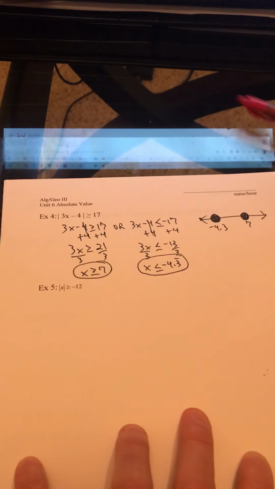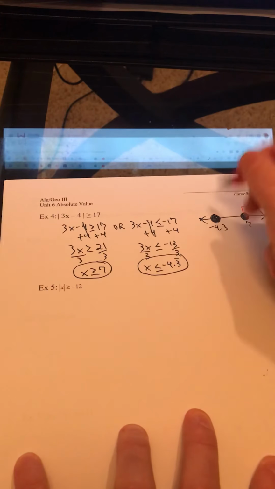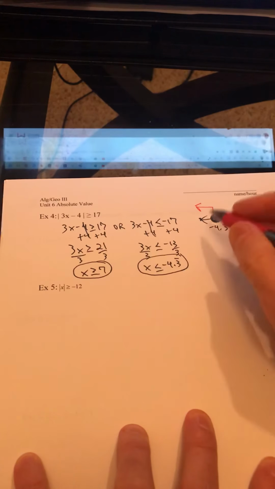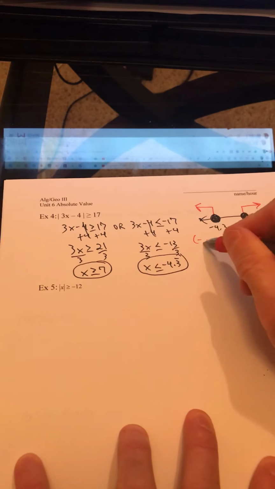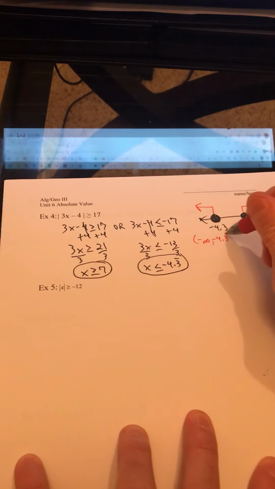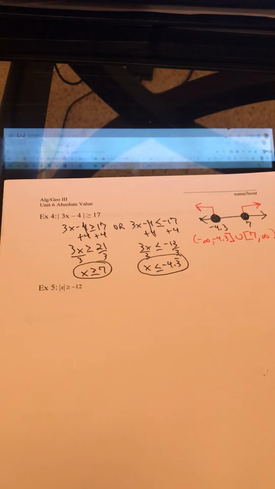And then for our shading, greater than or equal to 7 will point right. Less than or equal to negative 4.3 will point left. So negative infinity, negative 4.3. Again, closed dot, I will use a bracket. Union, again, bracket starting at 7 going to positive infinity.